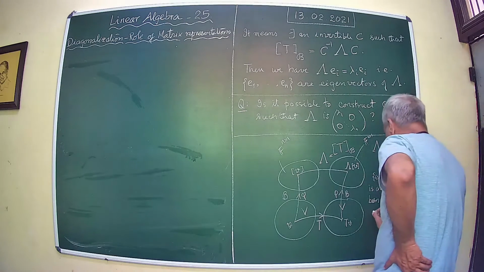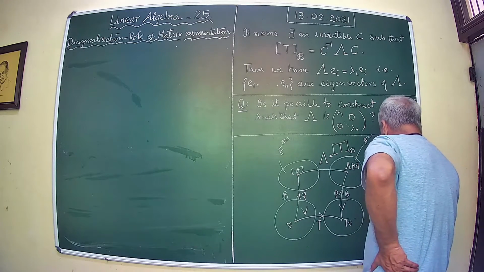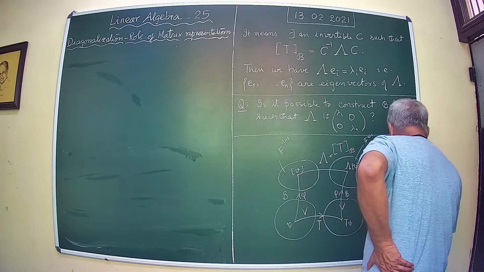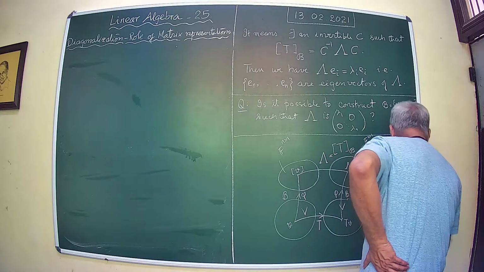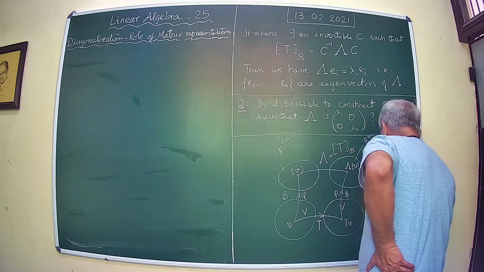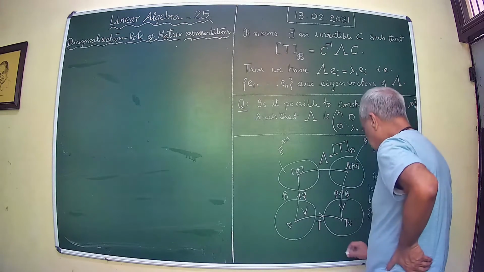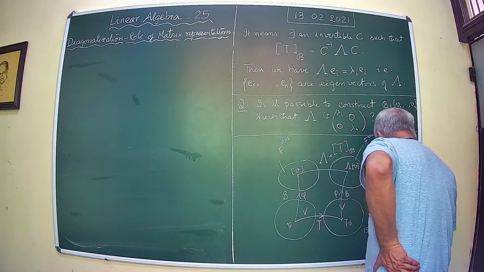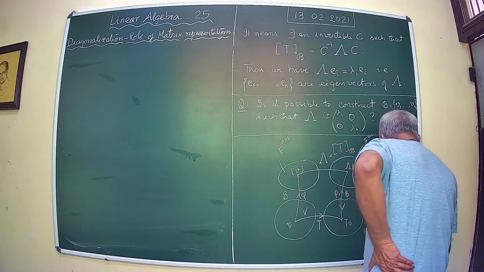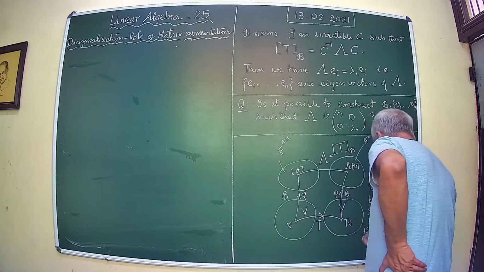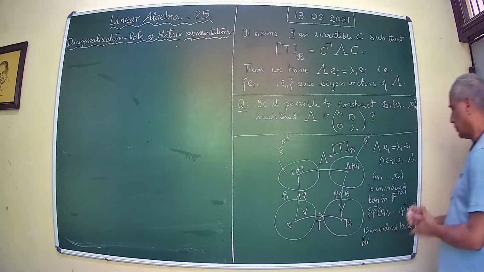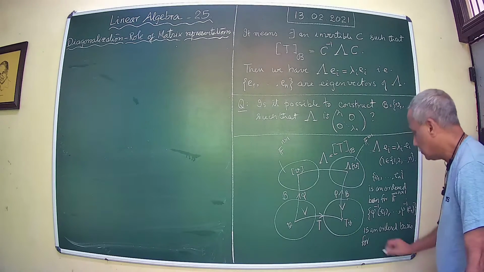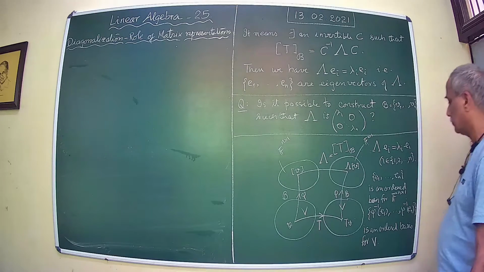Therefore, phi inverse of E1, up to phi inverse of En is an ordered basis for V. Why is it so?